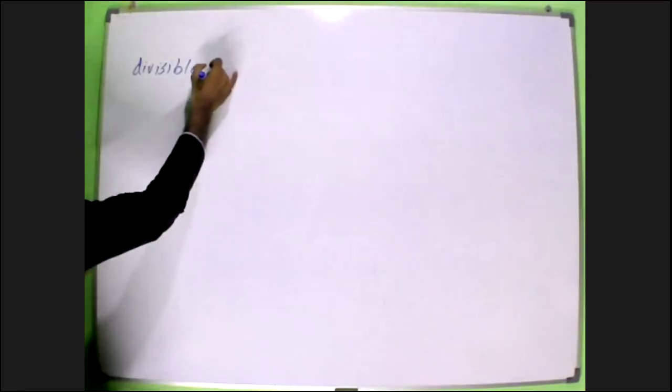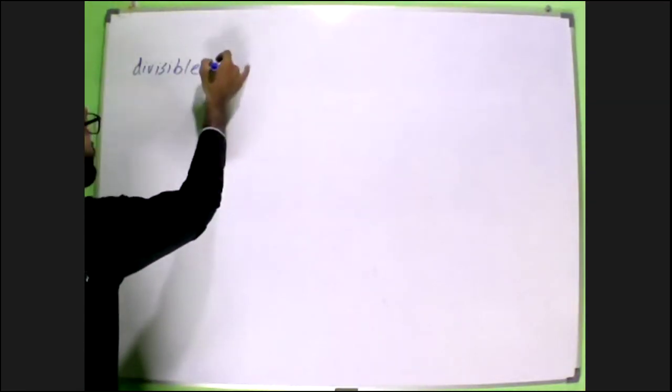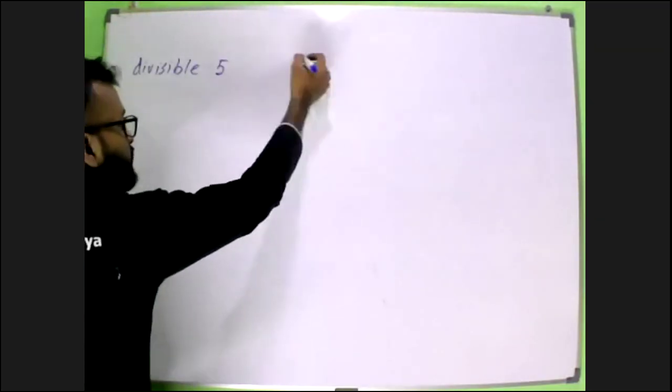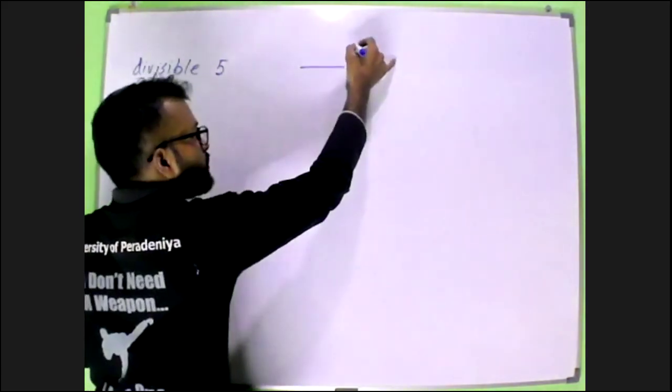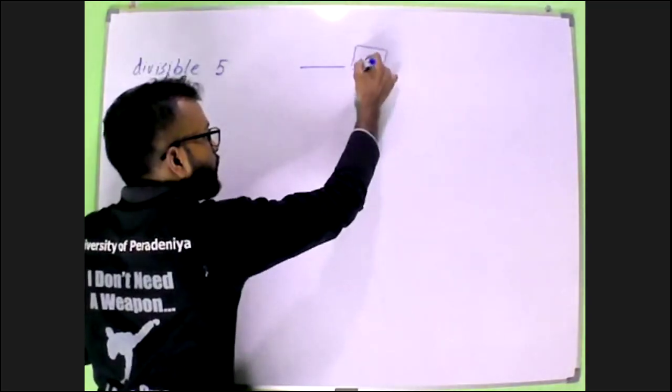So what are the numbers divisible by 5? These are the things that you need to remember. If any number can be divisible by 5, the last digit of the number should be 5 or 0.